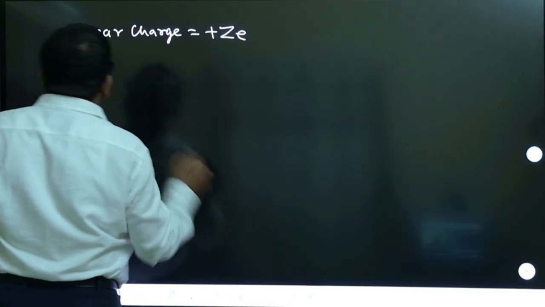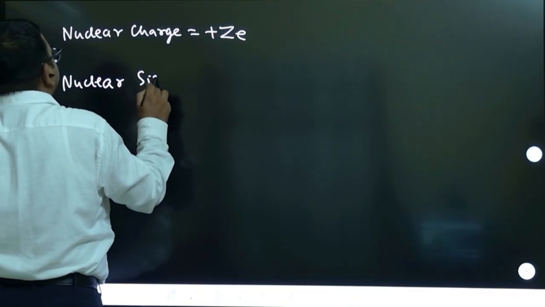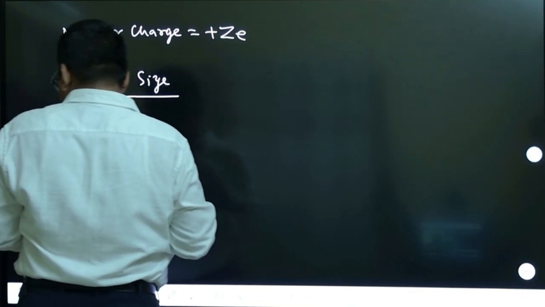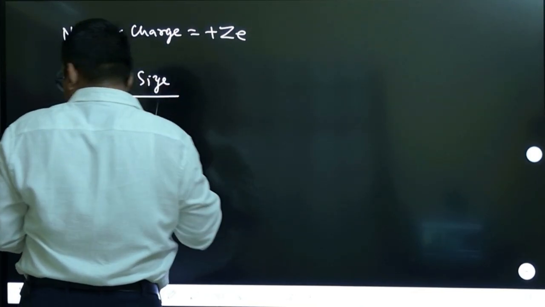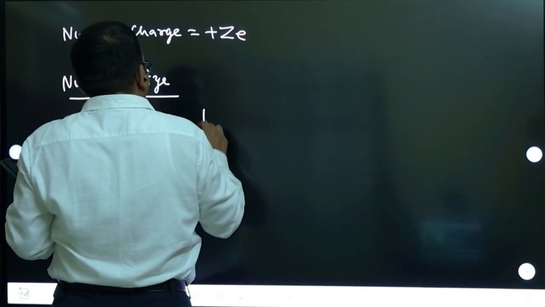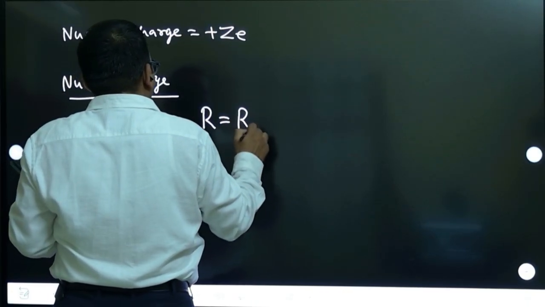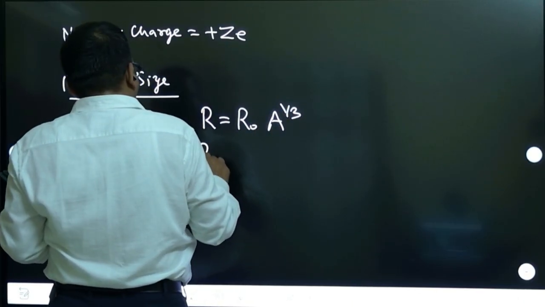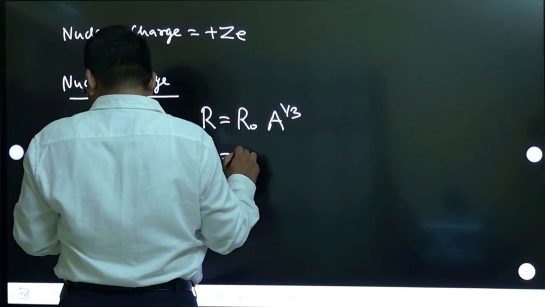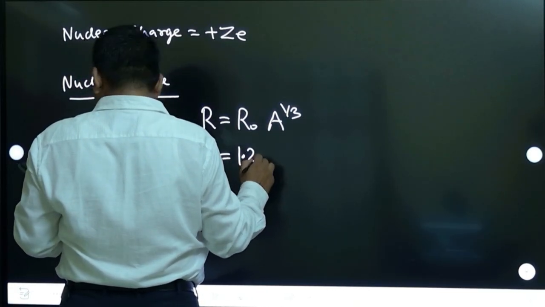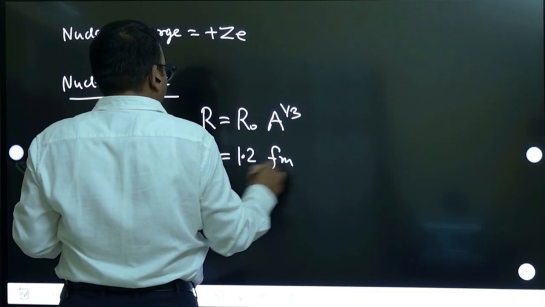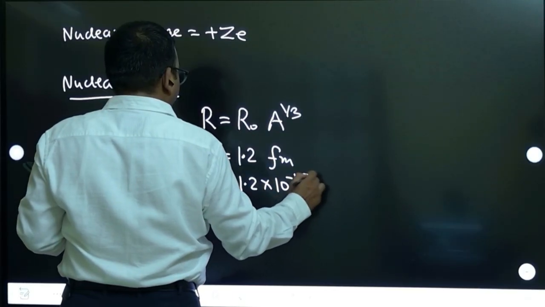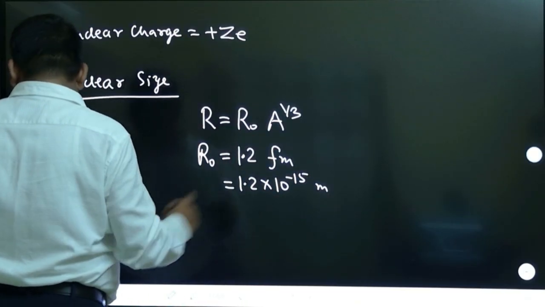The size of the nucleus is given by the Rutherford experiment, and from it this comes as R equal to R naught A power 1 by 3, where this R naught is equal to 1.2 femtometer or 1.2 into 10 to the power minus 15 meter. A is of course the mass number.